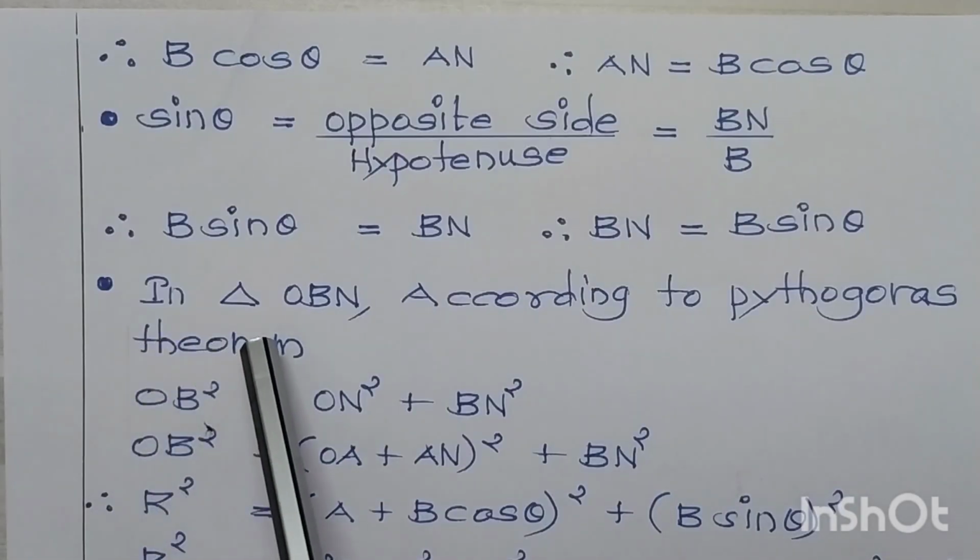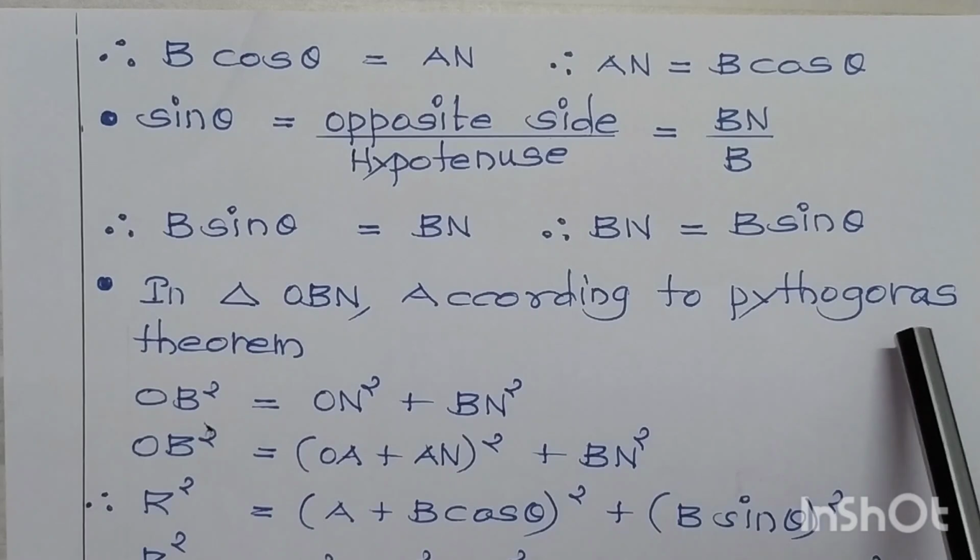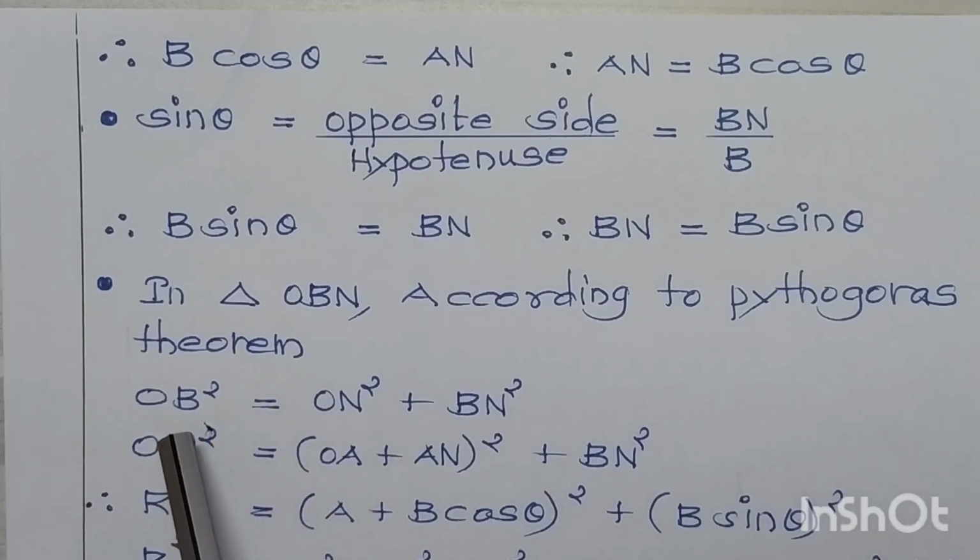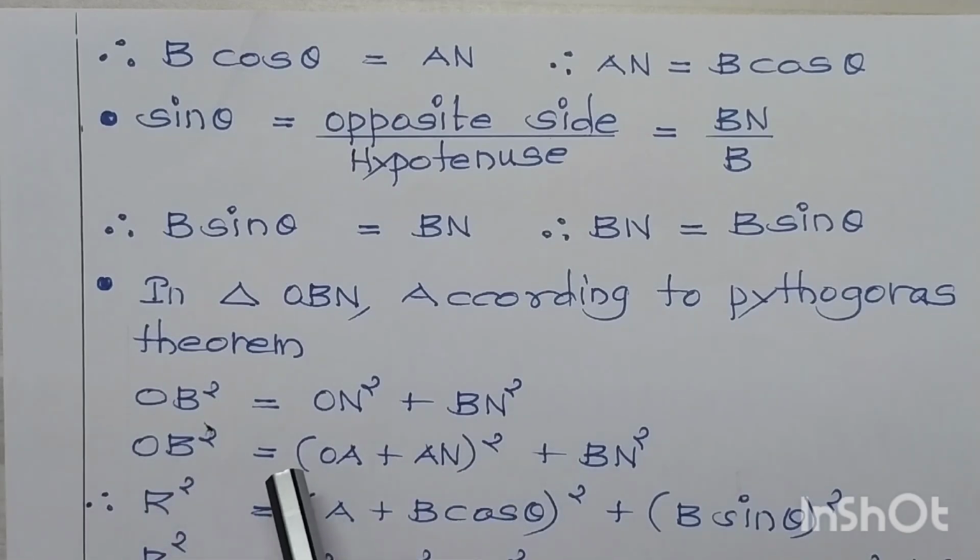So in triangle OBN, according to Pythagoras theorem, OB squared is equal to ON squared plus BN squared. In the next step, OB squared is equal to, how can we write ON? OA plus AN whole squared plus BN squared.